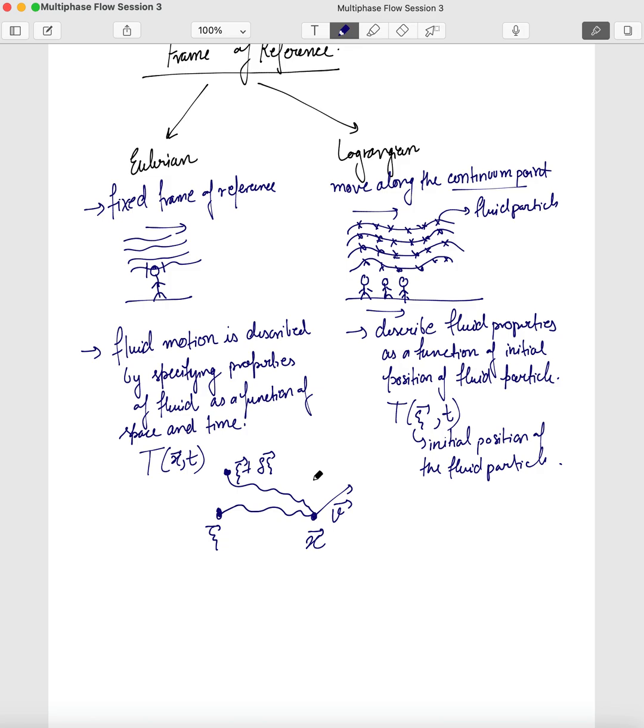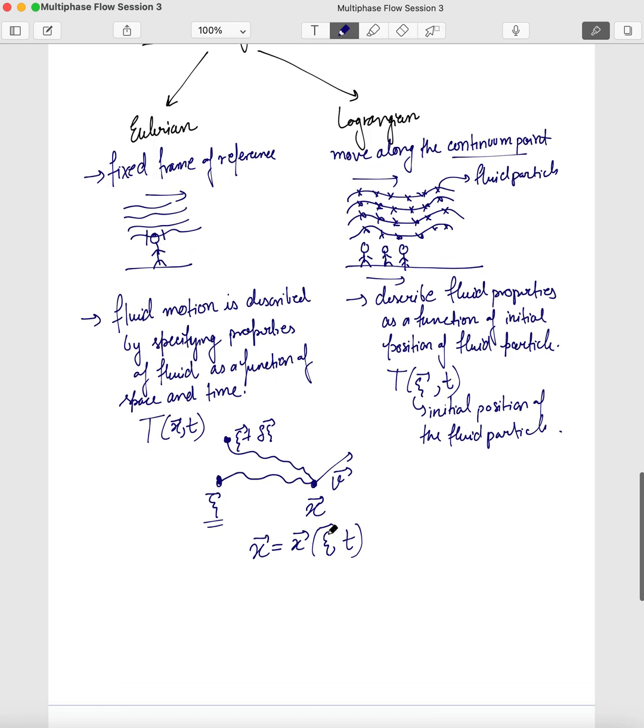Okay, so the main point to state here is that x is a function of the initial particle position and time.